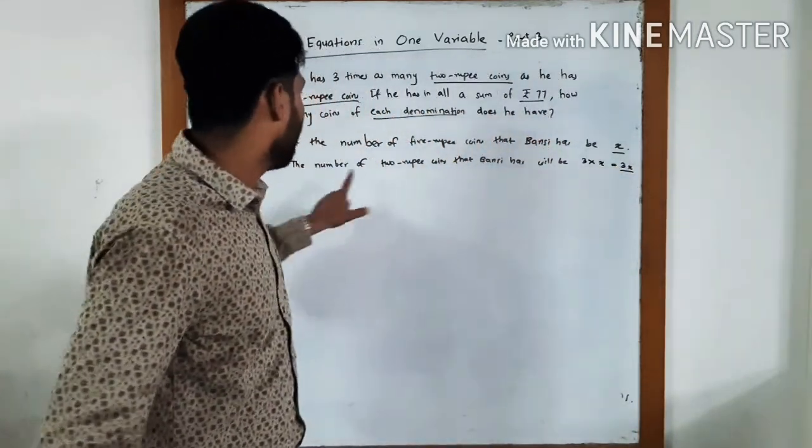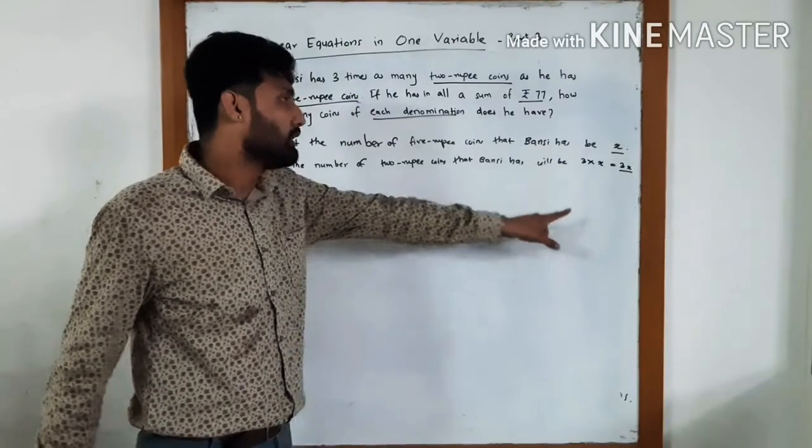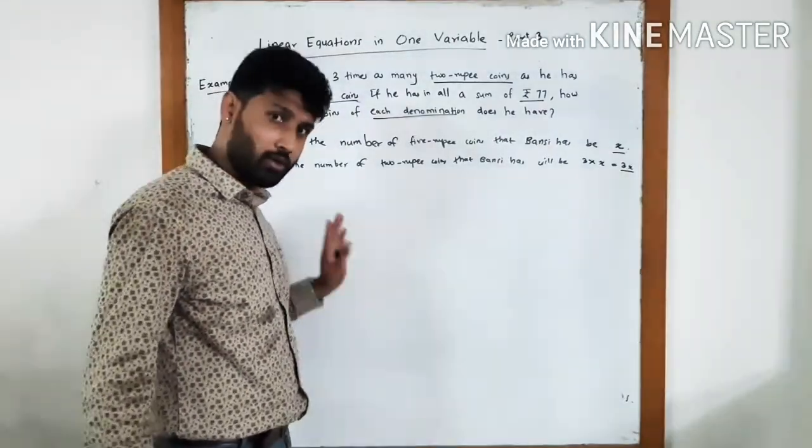So he has x number of 5 rupee coins and 3x number of 2 rupee coins, right?